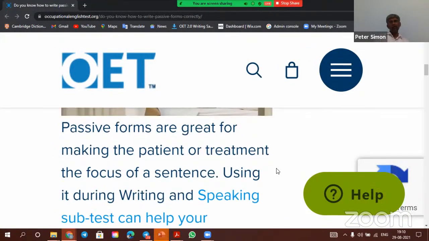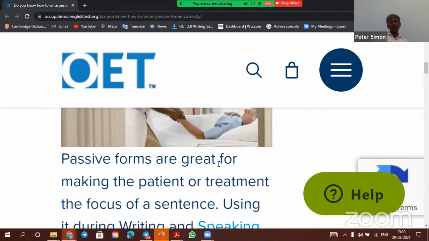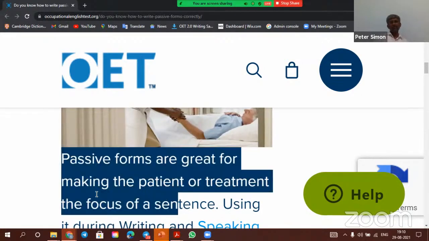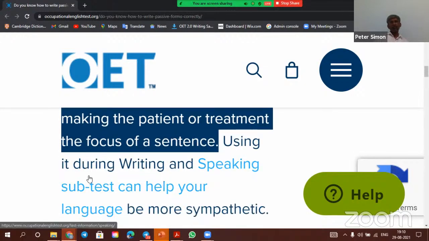Passive forms are great for making the patient or treatment the focus of a sentence. Try to understand what he is telling here. Using it during writing and speaking can help your language be more sympathetic. That means you are more concerned about the patient.